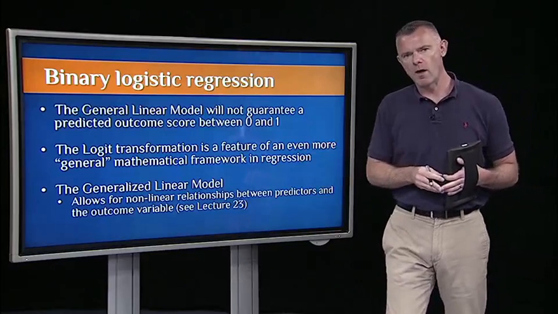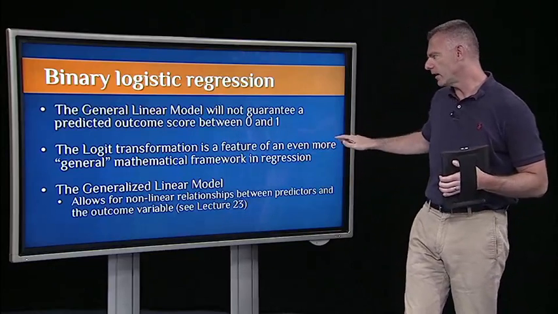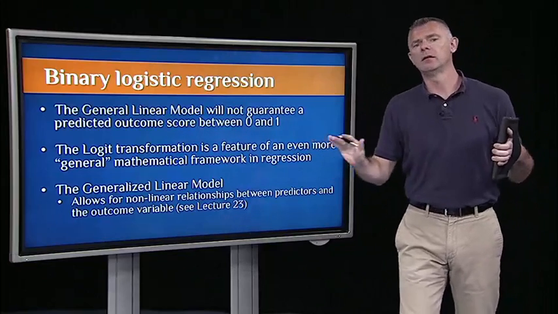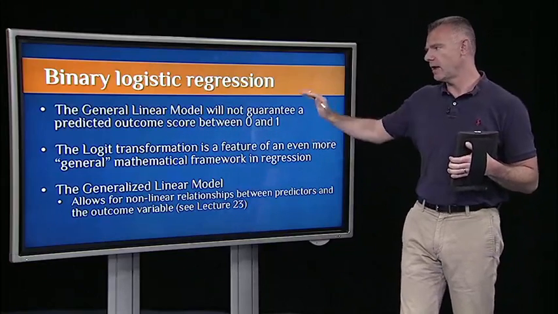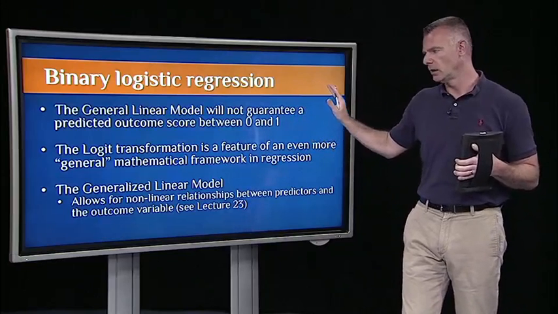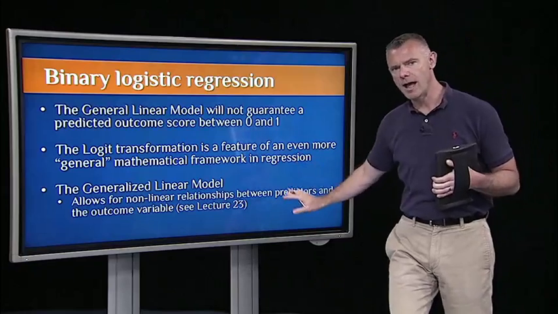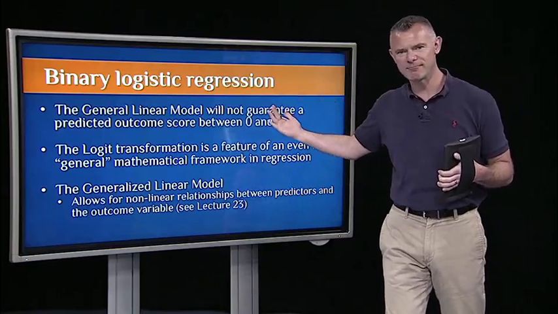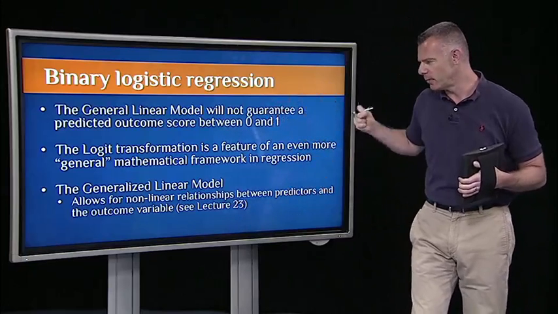This logit transformation is a feature of an even more general mathematical framework than the original GLM we talked about in the context of multiple regression. And the name of that is the generalized linear model. I know it sounds almost exactly the same as the general linear model, but it's very different.